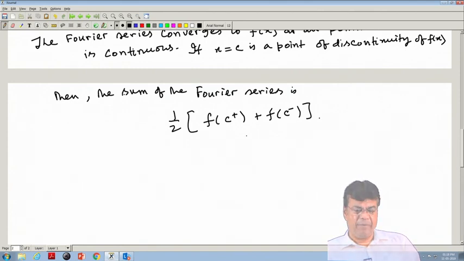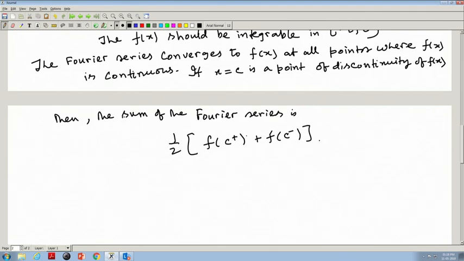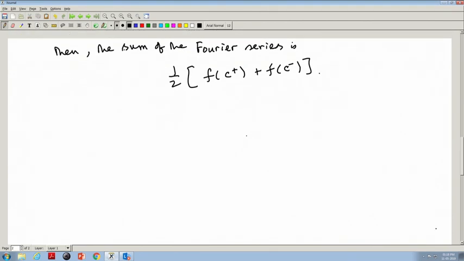Okay, so that is about the Fourier series, a concept introduced for use in the subsequent discussion on solving boundary value problems. Another important topic is the partial differential equation.